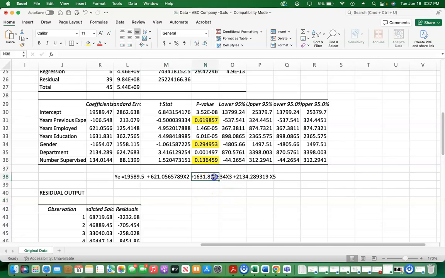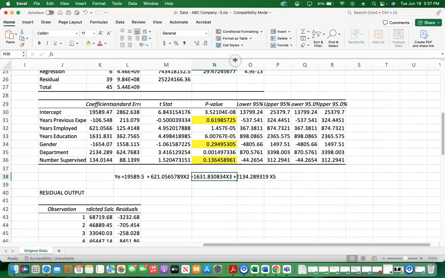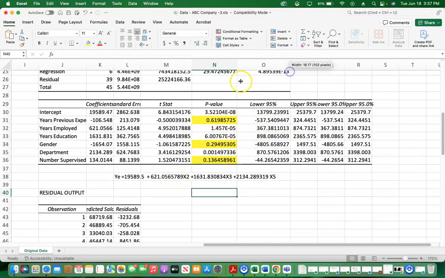And also we can explain this one, which is the years of education. And we can say that a year of education will add this amount, holding other factors constant. And finally, we have our department.